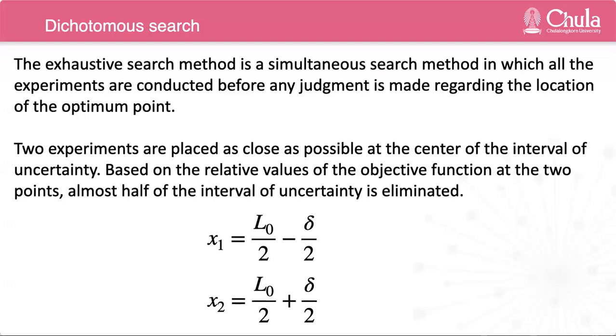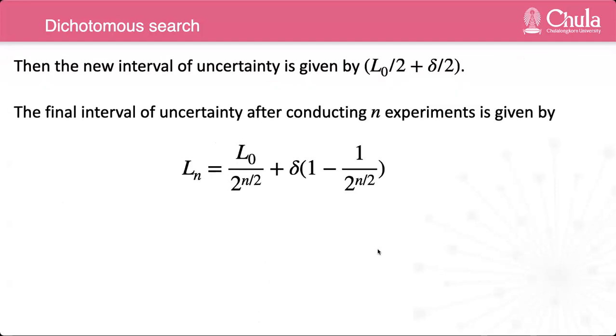That means we start from the center point, which is L0 over 2, and we subtract half of the delta. For x2, we add delta over 2. And you see that the new interval of uncertainty is given by L0 over 2 plus delta over 2.